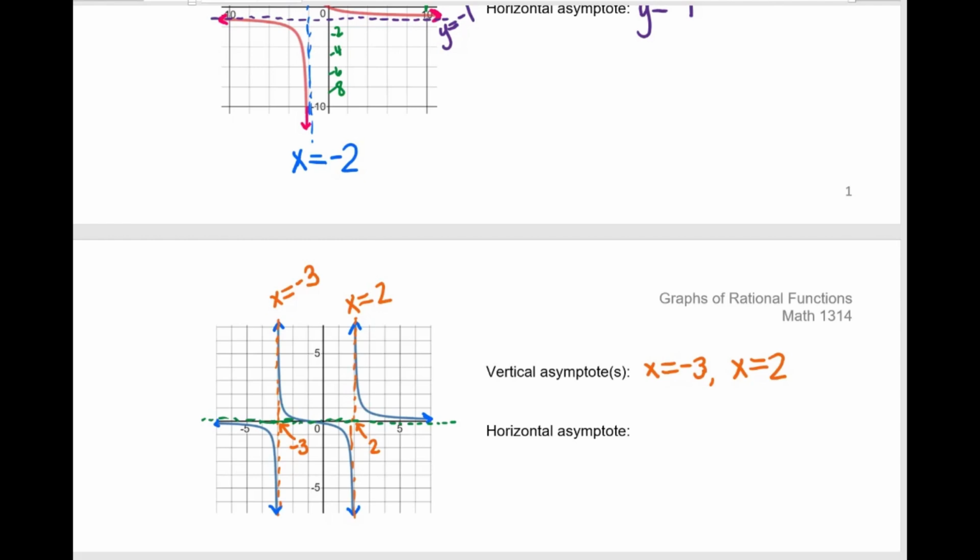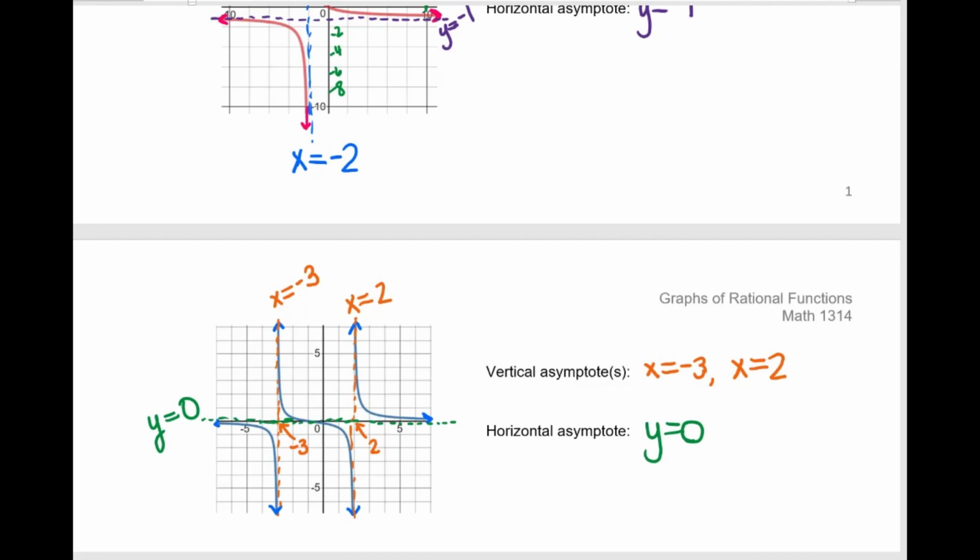Seems to get really close to it, and then it explodes down to the ground again. This is our horizontal asymptote, which is going to be a y equals. And this is the x-axis, so that's where y is equal to 0. So we have our horizontal asymptote of y equal to 0.